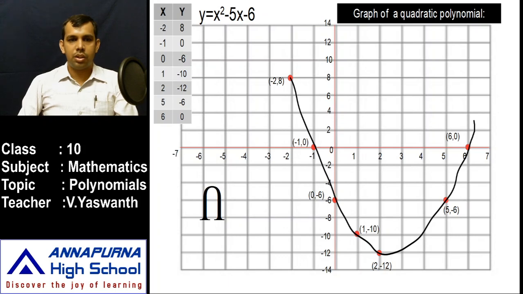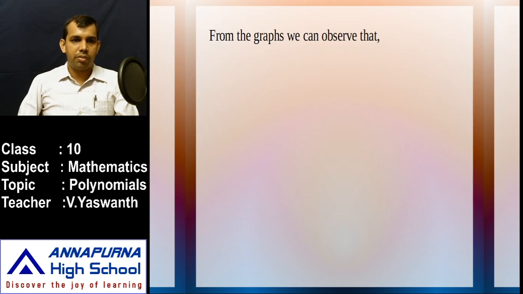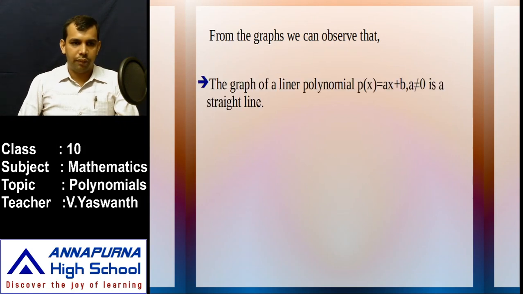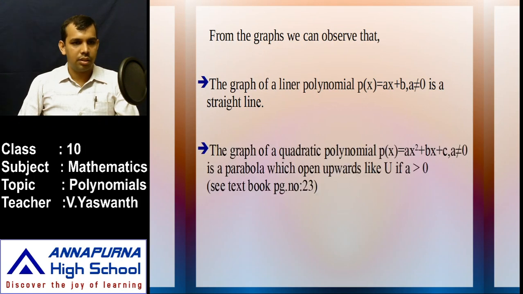Okay, so these are the graphs of a linear polynomial and a quadratic polynomial. So from these graphs, let us revise what you observe. From the graphs we can observe that the graph of a linear polynomial p of x is equal to ax plus b, a not equal to 0, is a straight line, and the graph of a quadratic polynomial p of x is equal to ax square plus bx plus c, a not equal to 0, is a parabola which opens upwards like the shape U if a is greater than 0.